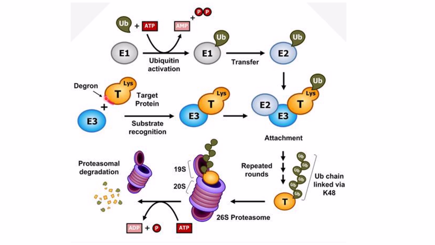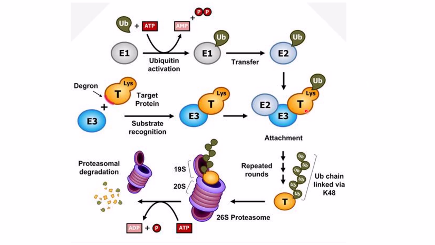Degron is a short amino acid sequence within the target protein that acts as a tag for its degradation by the ubiquitin proteasome system, and this degron is recognized by E3 ligase.